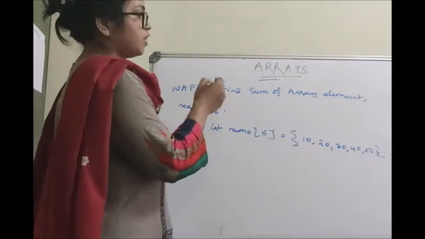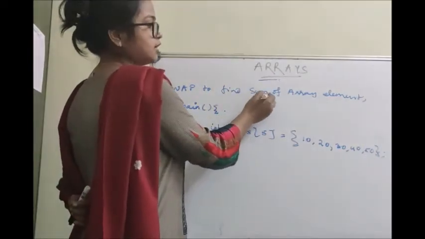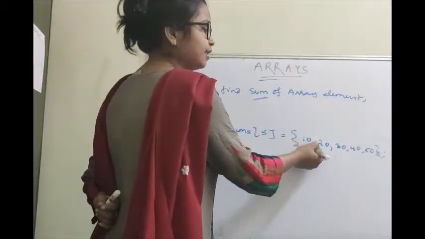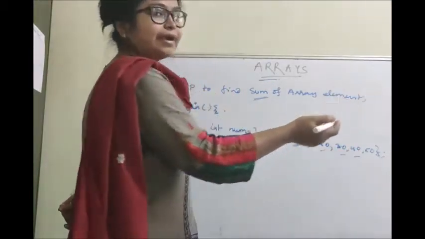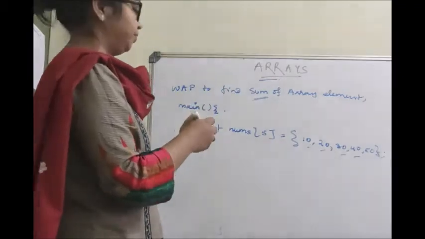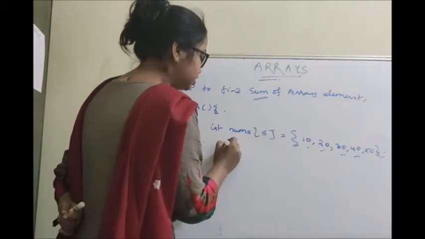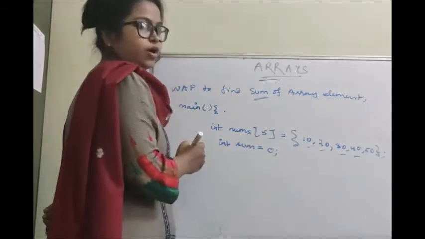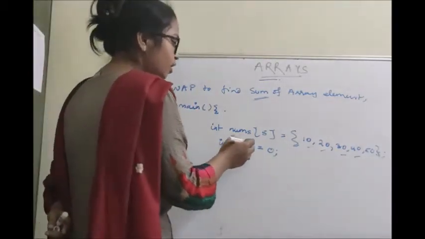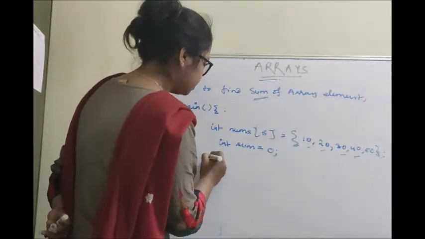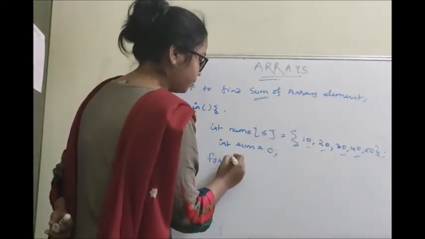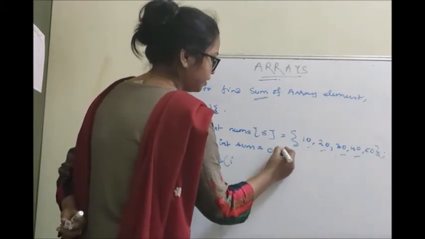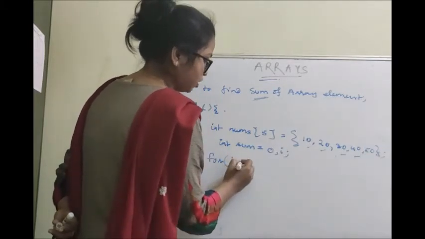Now the use case is to find the sum of array elements. So we have to access the array elements one by one and add them, isn't it? We want the sum. So we have to initialize a variable called sum equal to 0 at the beginning. Now we start a for loop for performing the add operation, with a variable called i, because we have to run a loop.